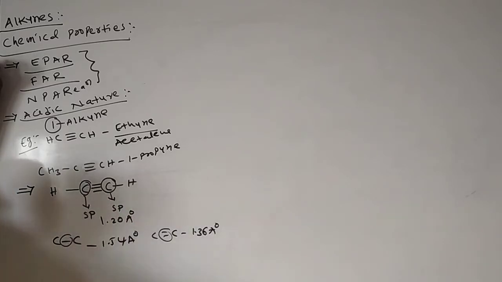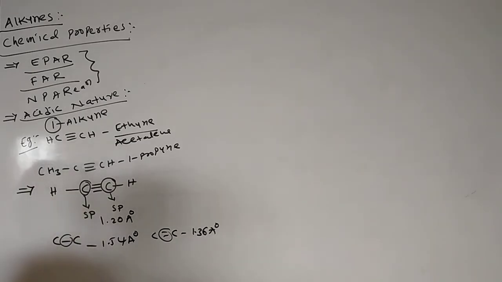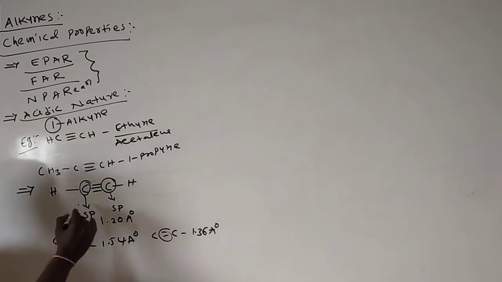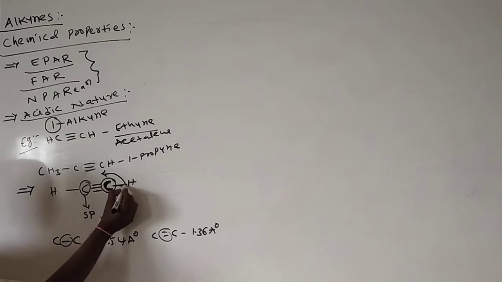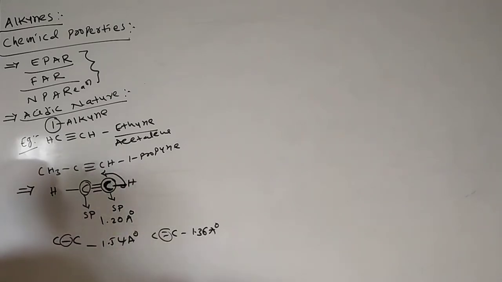These two sp hybridized carbon atoms have greater attraction forces between them. Due to greater attraction forces between the two carbon atoms, the electronegativity of this triple bonded carbon atom increases. By increasing the electronegativity of these triple bonded carbon atoms, the electrons of the carbon-hydrogen bond transfer towards carbon.